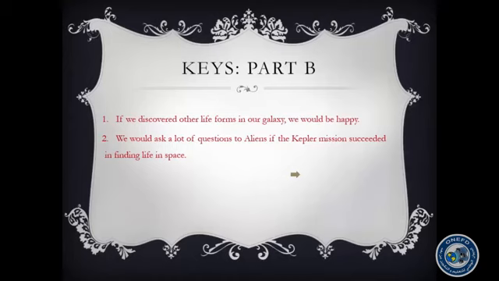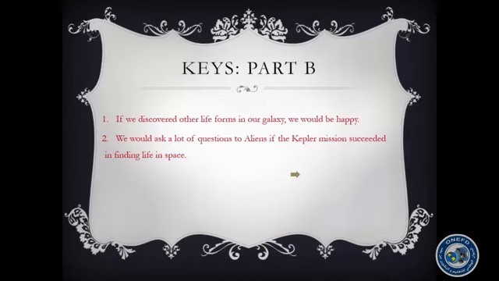Can you identify what type of conditional you have used here? Yes, you have to identify it. You look at the verb in the if clause. In what tense is it conjugated, and the verb in the main clause. So in the if clause we have the verb discovered.